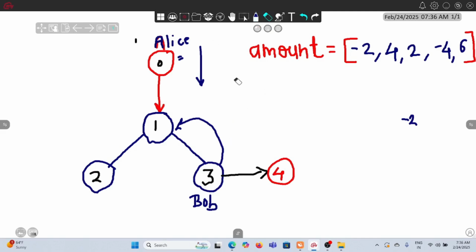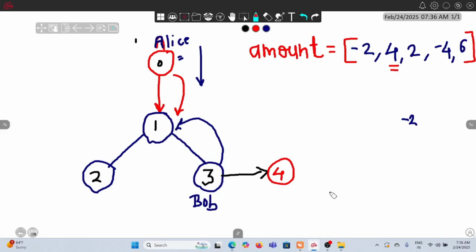Another point: if both of them reach at the same time, for example, Alice makes a step from here to 1 and at the same time Bob also makes a step to reach node 1, they are reaching simultaneously. So they have to divide the amount. For example, at node 1 the amount is 4.